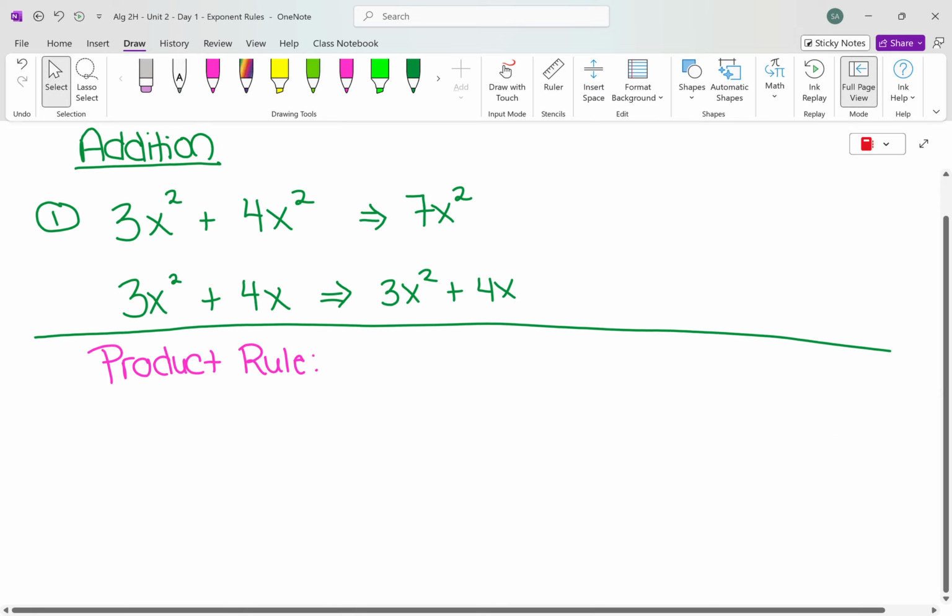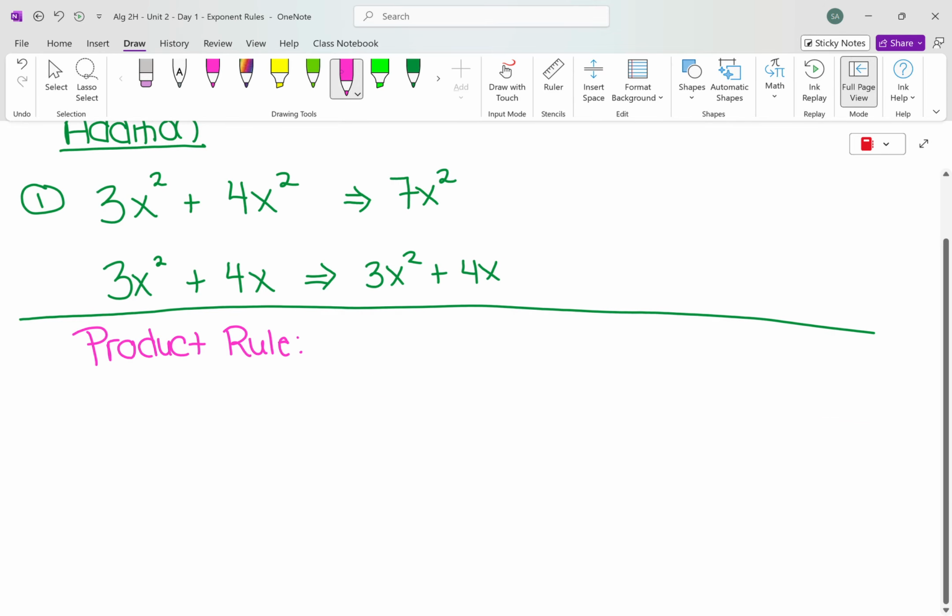So now the rule for multiplying tells us, let's say I have x to the a power times x to the b power. You keep your base the same. Who remembers what you do with the exponents?